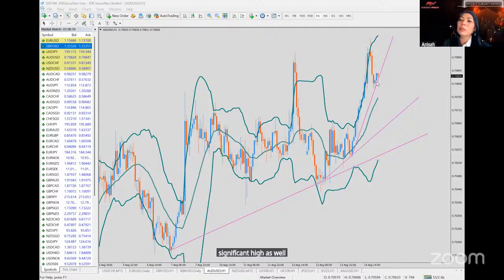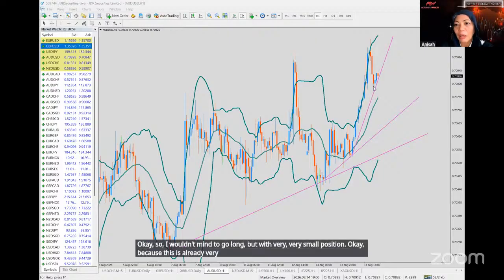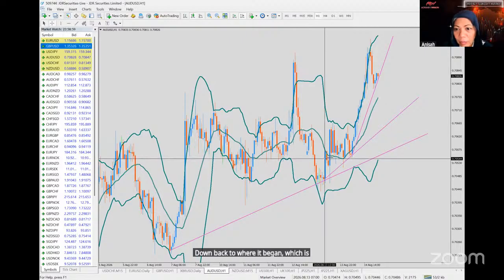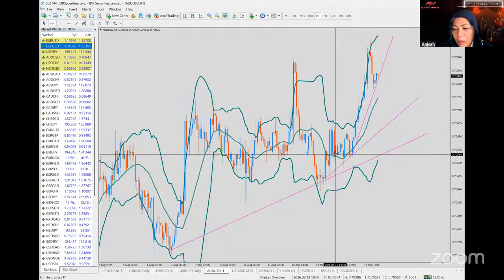I wouldn't mind going long, but with a very, very small position, because this is already very, very steep. It could just come down and flush back to where it began, which is 0.70559.